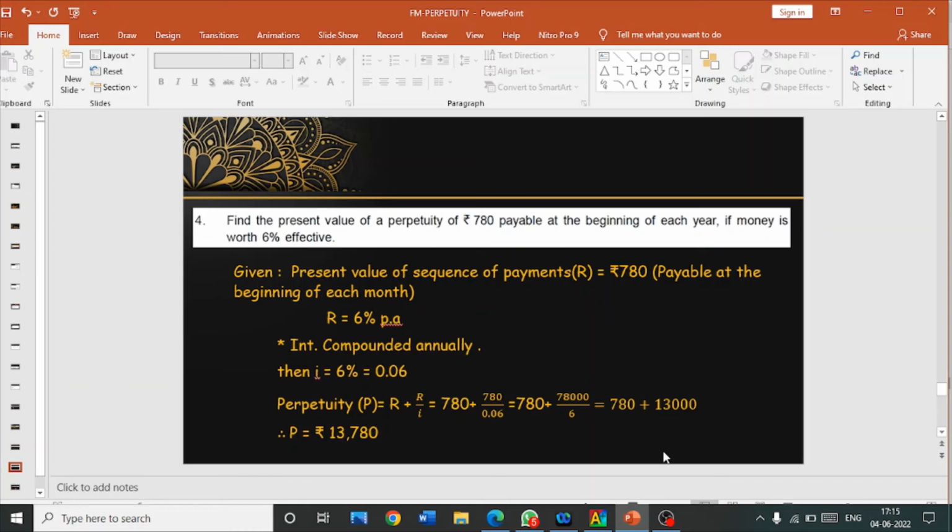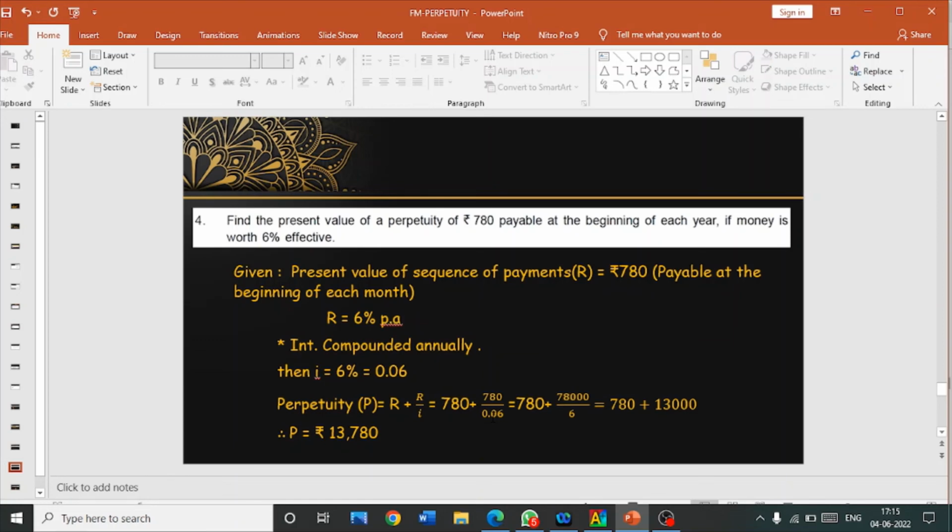As there is no clue whether it is compounded quarterly or half yearly, we can take it as annually. So 6% will be taken as such, 6 by 100. 6 by 100 is 0.06. So the perpetuity equals R plus R by I, 780 plus 780 by 0.06.